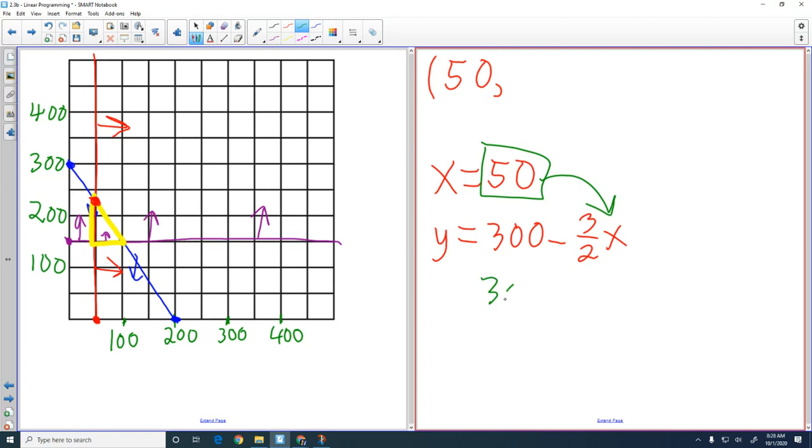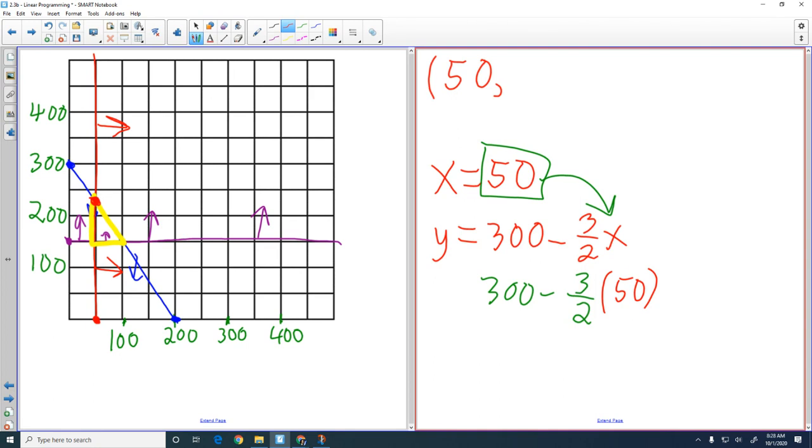So 300 minus 3 over 2 times 50. Now a fraction times an integer, remember, just take the numerator, the 3, multiply that by 50. What is 3 times 50? We got this. 150. Now divide that by 2.